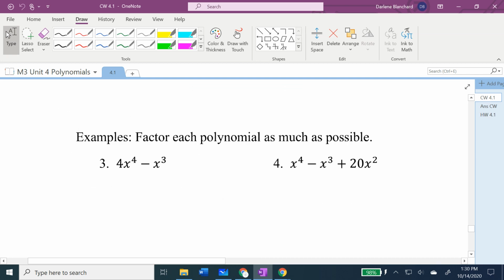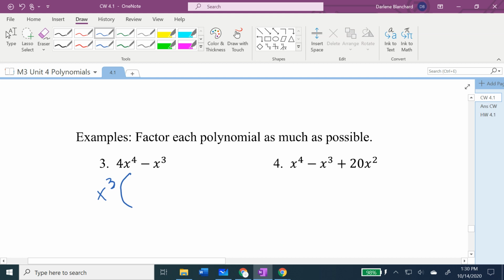For number 3, do you see that as far as the x to the powers are concerned, both terms can be divided by x to the power of 3. So that means that I can factor out x to the third power. When you're factoring, you're technically dividing.